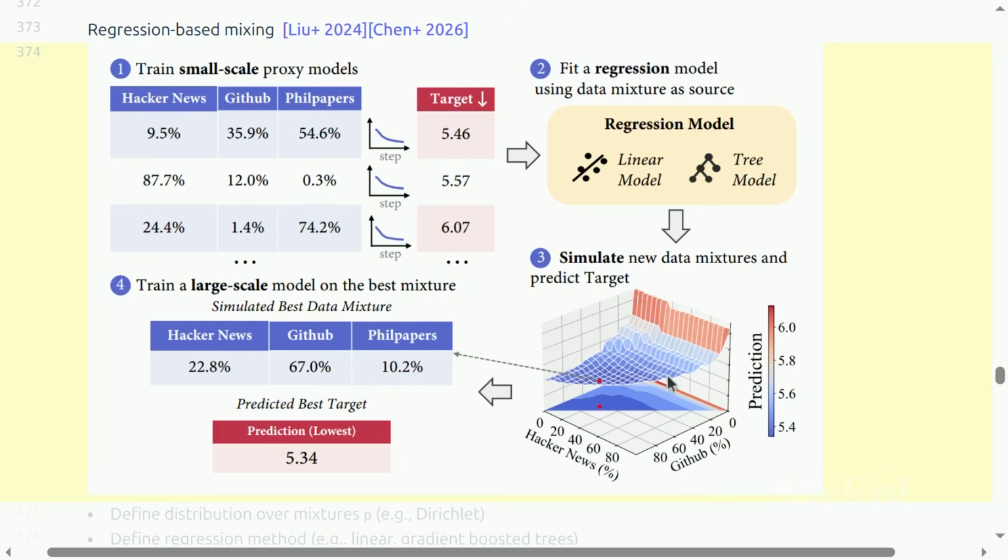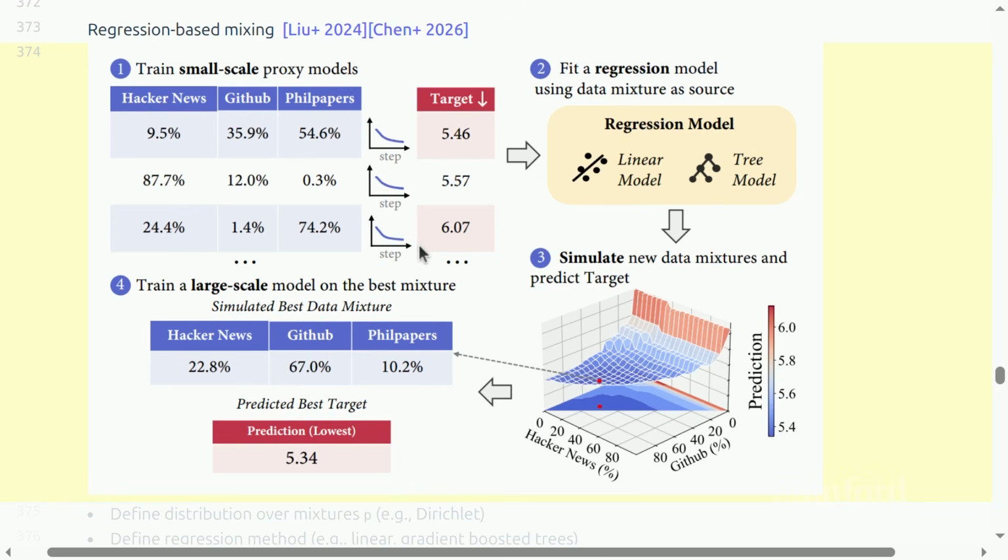Then you can essentially optimize that function for the optimal data mixture. And then that is the data mixture you use to train the large-scale model. Okay, so that's the simple procedure.